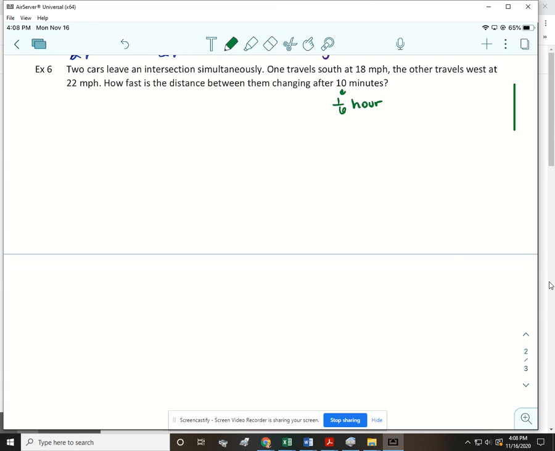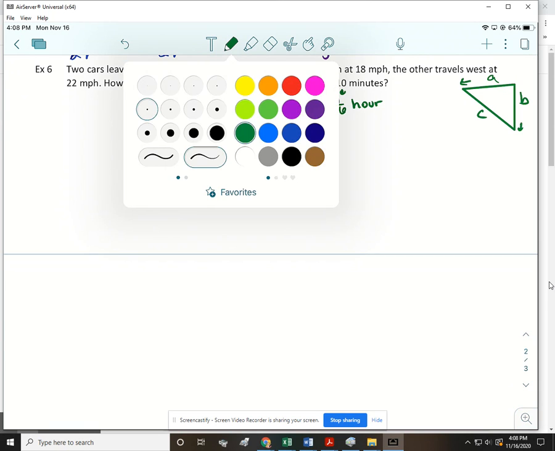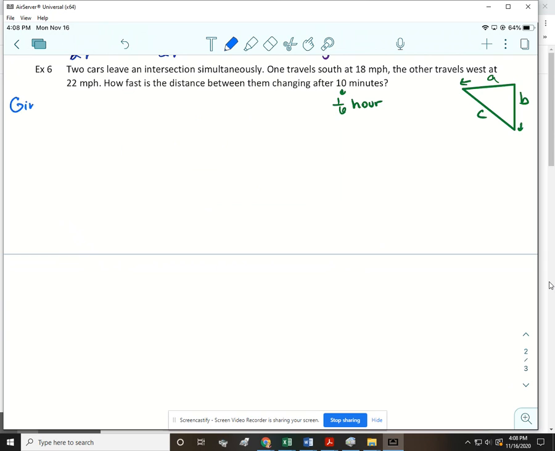One's going south, one is going west, and the distance between them is changing, but it does form a right triangle. All right, so I'm just going to call this ABC, and let's write what we're given. Okay, south one is B, so dB/dt.